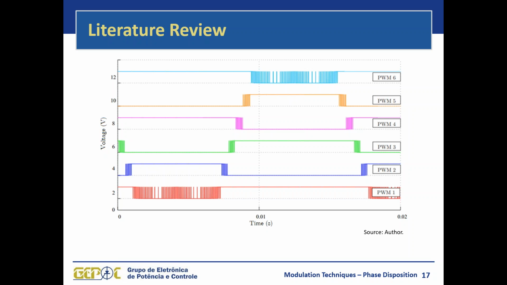And this can be a problem for this converter. So the issue that arises is how we can distribute the pulses for the switches in a way such that they are evenly distributed among all the switches and among all the cells. So many papers have been presented in the literature to deal with this problem, in order to distribute in an even way the pulses for the semiconductor devices.